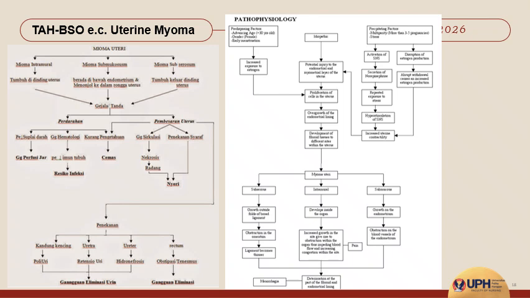Now take a look at this pathophysiology. You will be able to see how it started. There are three types of myoma that happen, which cause bleeding as well as enlargement. Then we can have disturbed perfusion, and we also have the risk for infection.